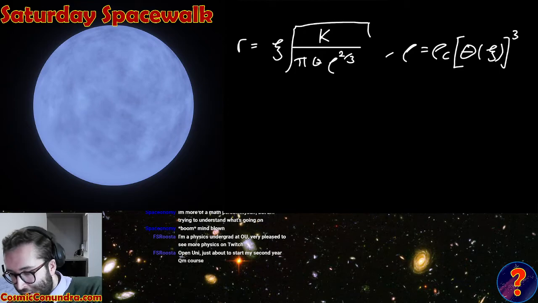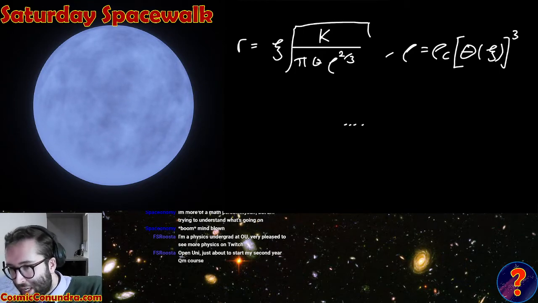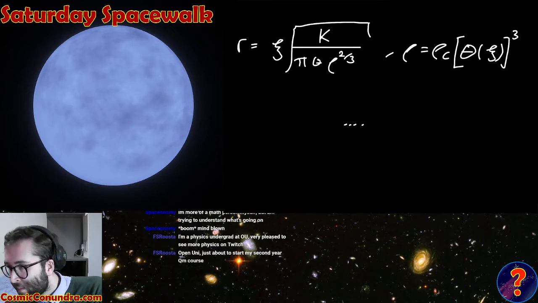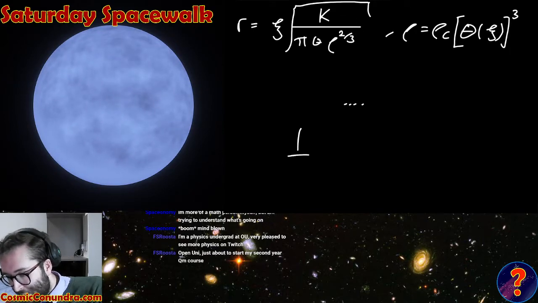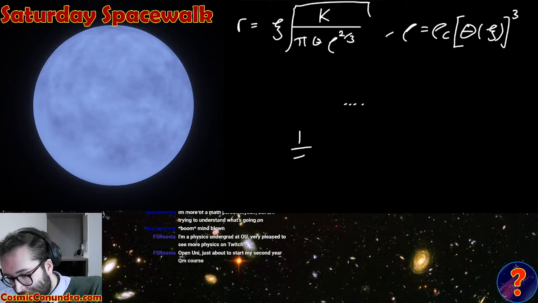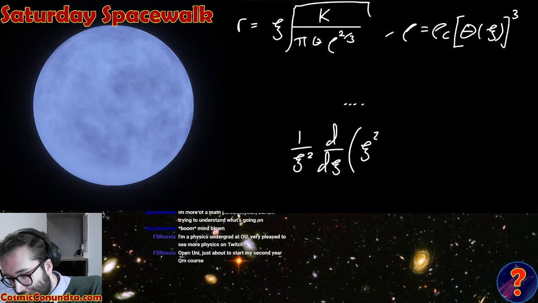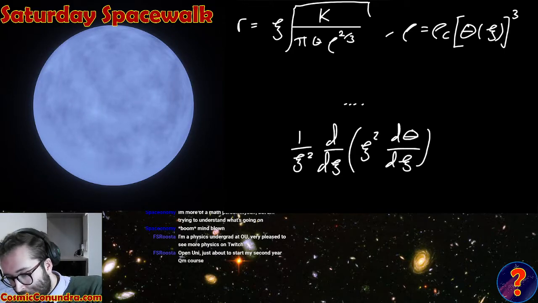But what you get to eventually, after you do all the substitutions and transformations you're supposed to do, is you end up with this rather nice looking equation in terms of our new variables. Like this.